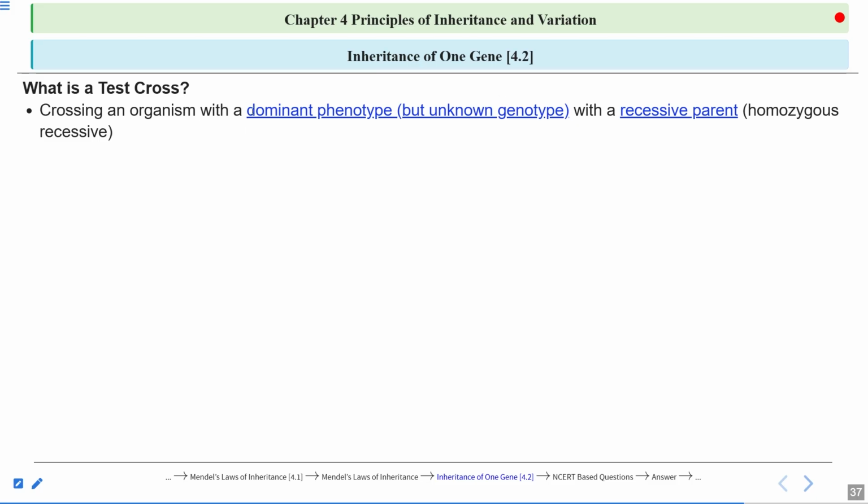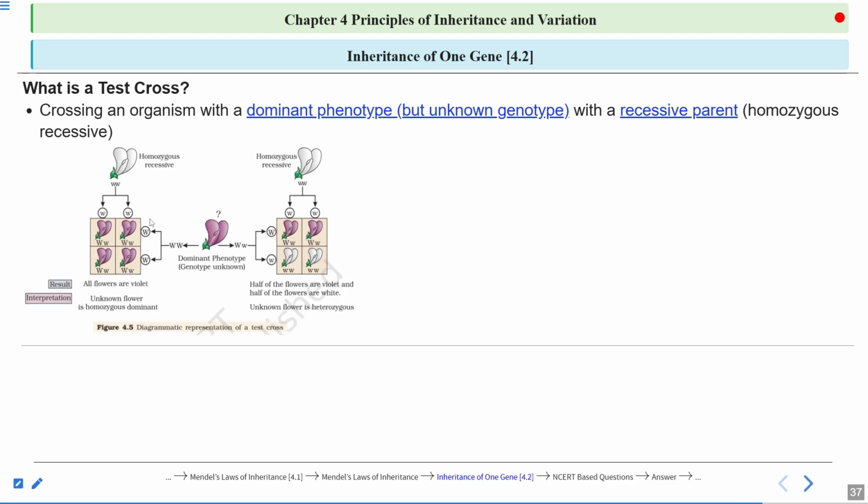So you cross the organism or individual with the dominant phenotype with a recessive parent, which is homozygous recessive. And then by this cross, you can tell whether the genotype of this dominant parent is homozygous dominant or heterozygous.